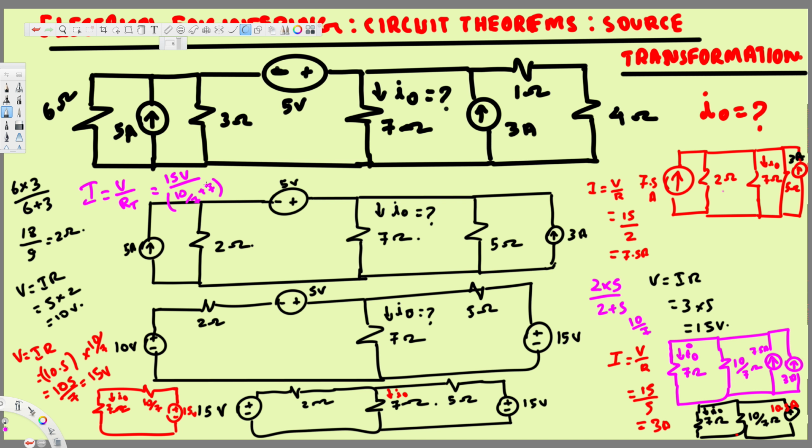On top we are going to have 49 plus 10, that's going to be 59. So 15 over 59 over 7, right? If you simplify this one and find the current, that's going to give you 1.78 ampere.